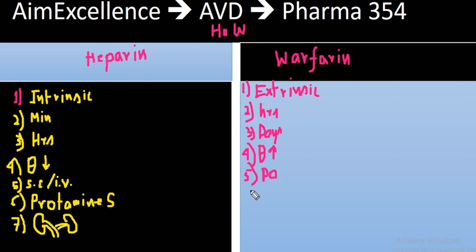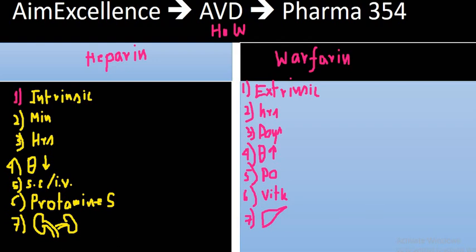Its antidote is vitamin K. And it is excreted through the liver.